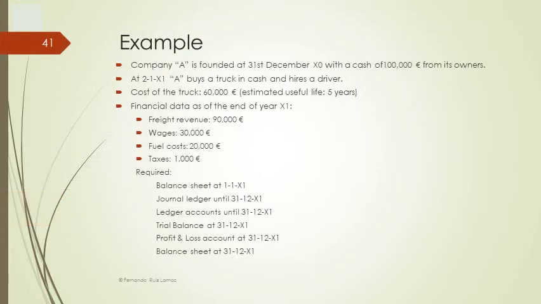As a way to go over this lesson, I propose you to try to solve this example. Company A is funded at the 31st of December, year 0, with a cash balance of €100,000 from its owners. At the 2nd of January, year 1, A buys a truck in cash and hires a driver.